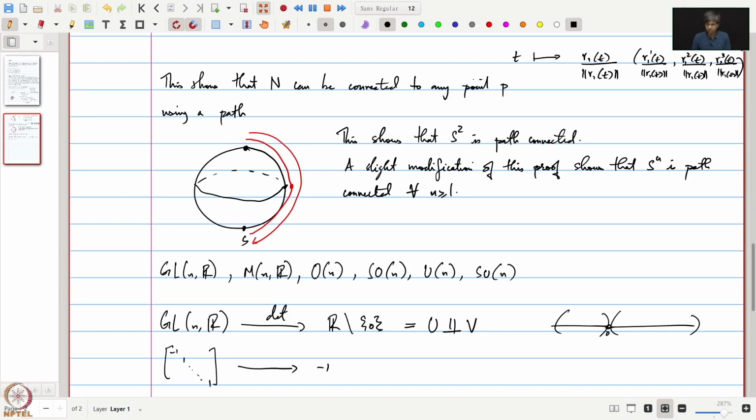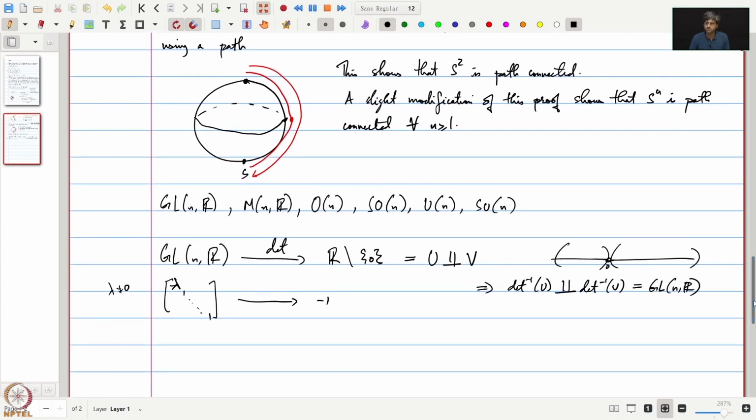The determinant is a surjective map from GL n(R) to R minus 0; in fact we can put any nonzero lambda over here. So determinant inverse of U and determinant inverse of V are both non-empty, and we can write GL n(R) as the disjoint union of two non-empty open subsets. Therefore GL n(R) is not connected.